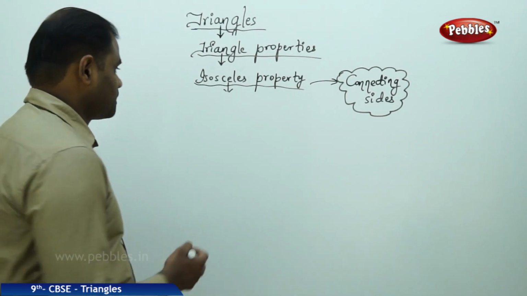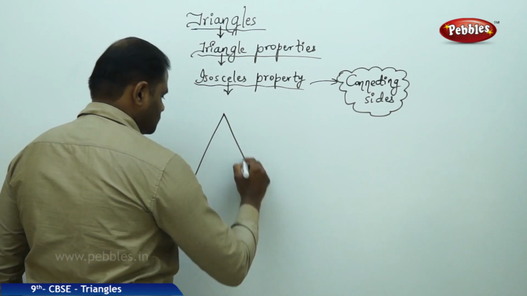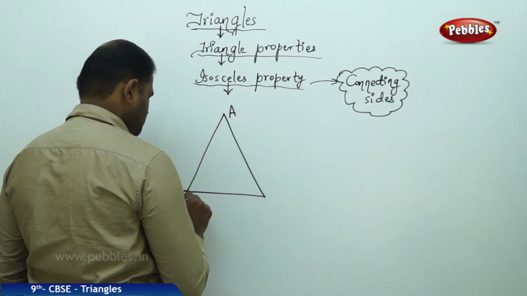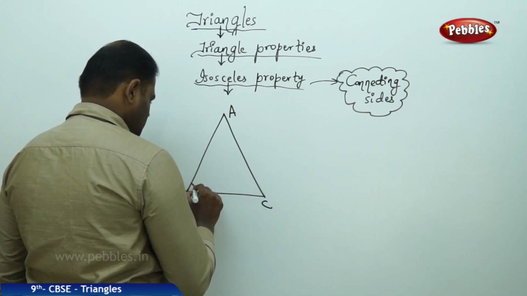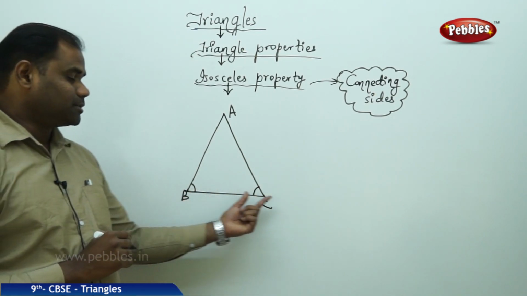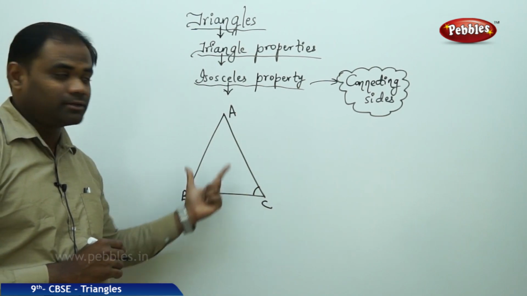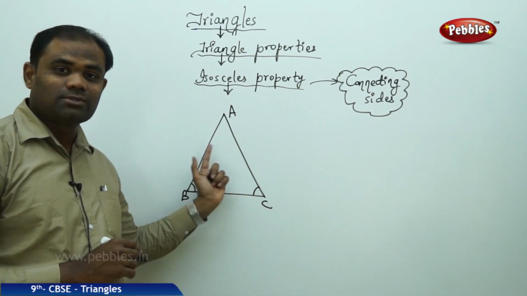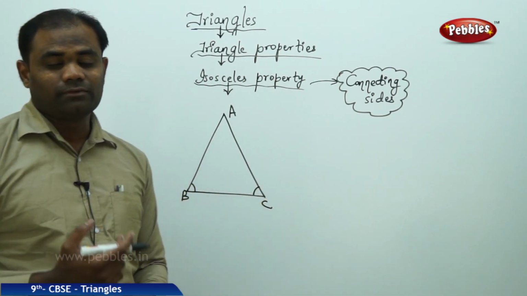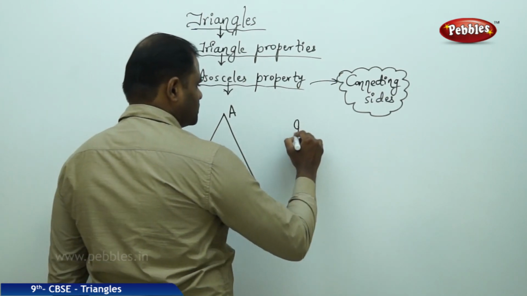Therefore, when I have a triangle ABC in which the two angles are equal, I have a condition where angle B is equal to angle C. Will the two sides be equal according to the isosceles property is what we are going to see in this session.